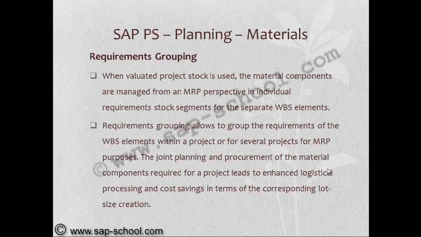Requirements grouping allows you to group the requirements of the WBS elements within a project or for several projects for MRP purposes. The joint planning and procurement of the material components required for a project leads to enhanced logistical processing and cost savings in terms of the corresponding lot size creation.